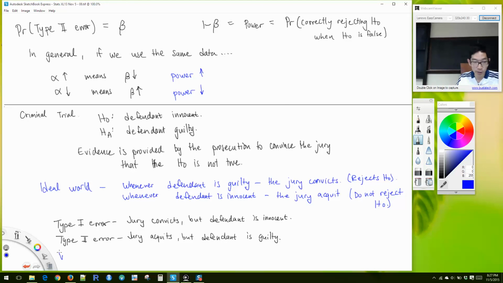We prefer type 2 over type 1. Type 1 error is worse than type 2.